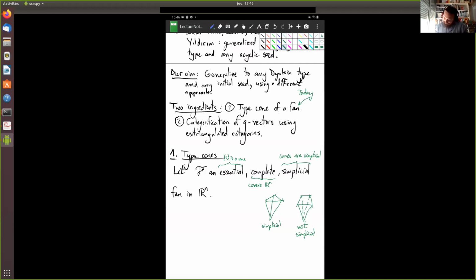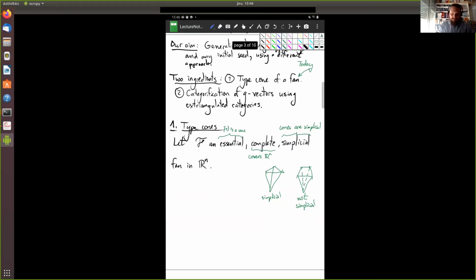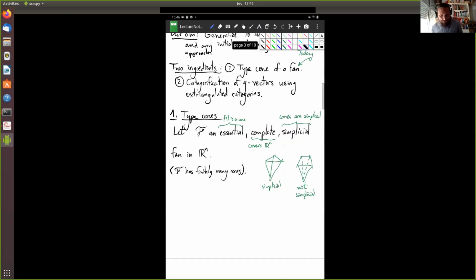F has finitely many cones in all this talk. It's not necessary for a fan to be finite, and in general, outside of this talk, I would prefer for fans not to be finite, but inside of this talk, I will insist very strongly that they are finite.